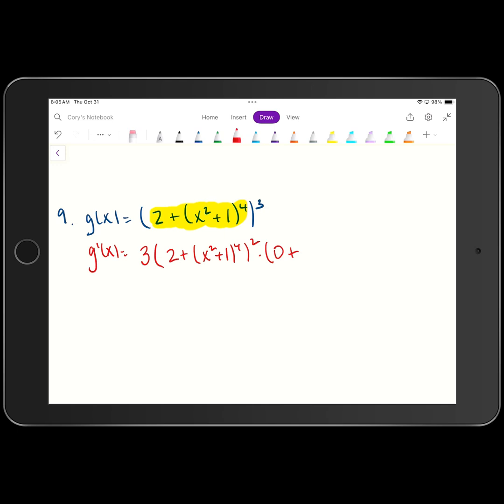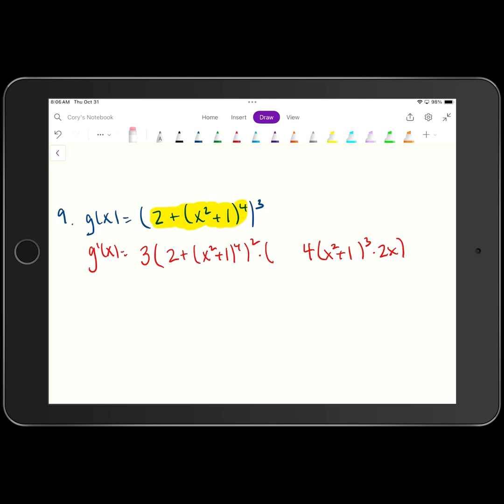Okay, so the outer function in that composition is x to the 4th, whose derivative is 4 times something cubed. We're going to evaluate that at the inner function, x squared plus 1. And then we're going to multiply that result by the derivative of the inner function, which is 2x. Okay, so that 0 plus, I can go ahead and get rid of that. And then I just want to go through and clean up our factors here.